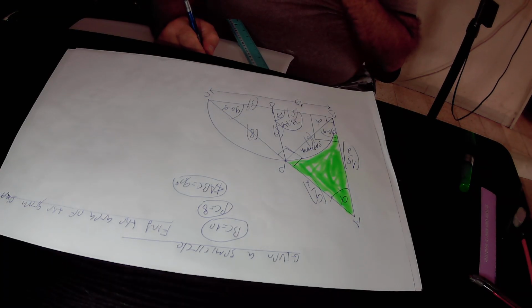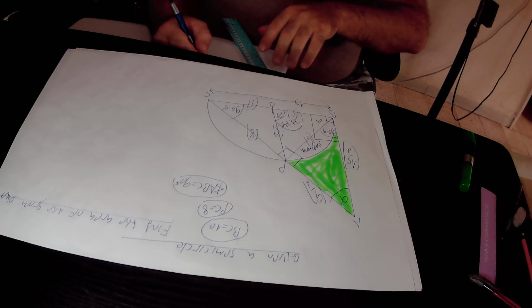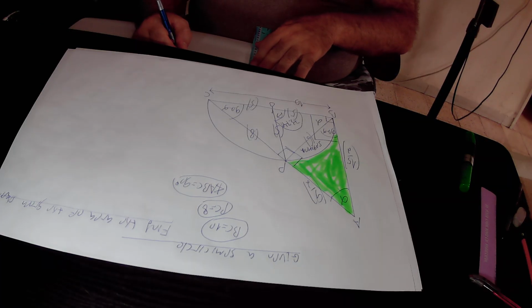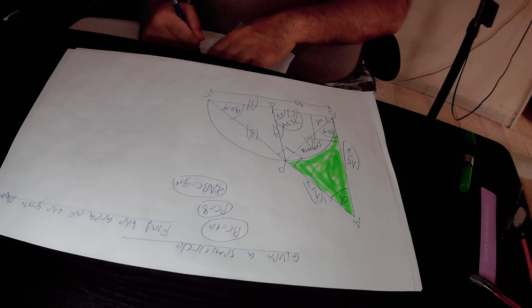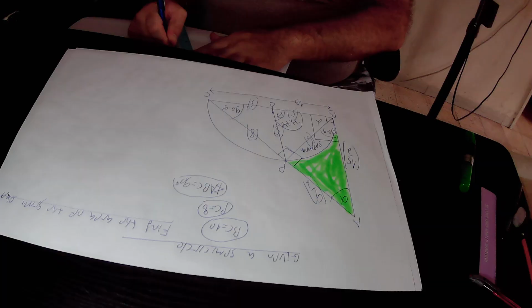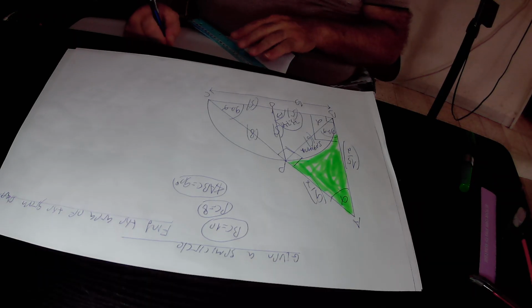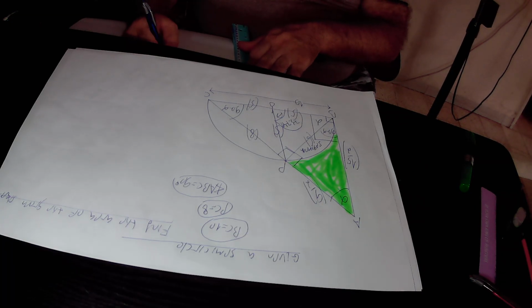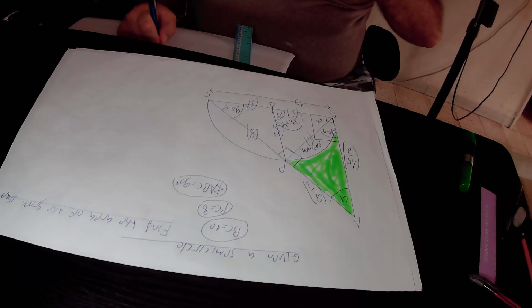From the drawing, it is very easy to see that the area of this green shape equals the area of the right triangle PAB minus the area of this segment BP. The area of the green shape equals the area of the right triangle ABP minus the area of this segment BP.